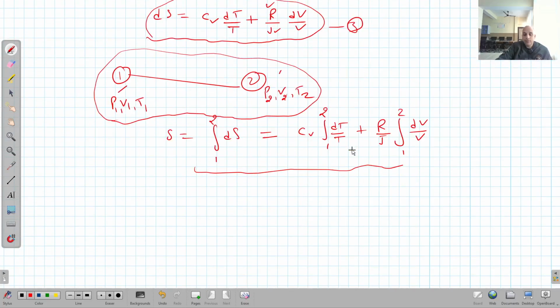So when you simplify it, what will you get? You will get S2 minus S1, clear? That is equal to Cv log of T2 minus log of T1, so I can write it as Cv log of T2 upon T1. When you take the integration, you get log of T, and you put the limits: log of T2 minus log of T1, so we can write it in this form here.